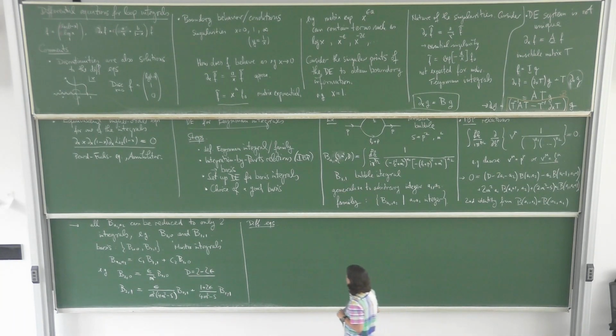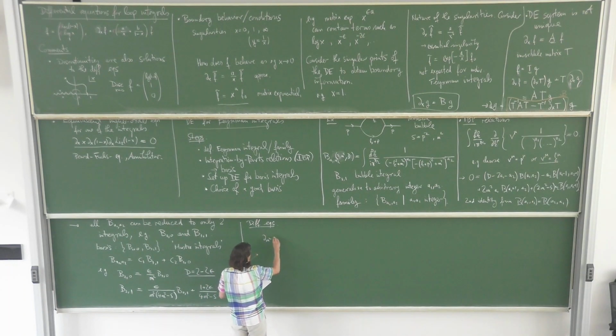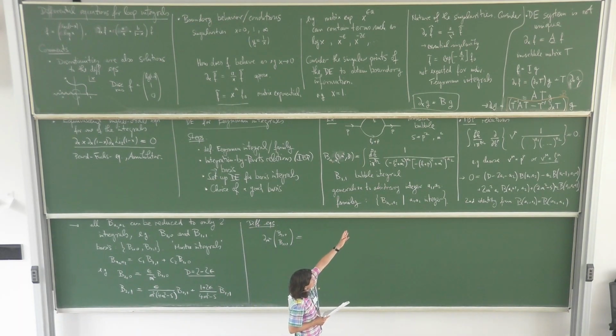And why is it easy? Well, we start with our basis, and we just want to compute this partial derivative. Now just imagine how you would do this. What would be the effect on these integrals b? Well, m squared just appears in two places.